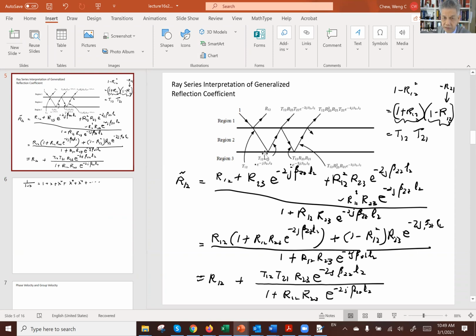You will see a reflected ray from the first interface, and then a second reflected ray from the second interface transmitted again, and then a third reflected ray. And this is sometimes called an echo series because it sounds like the sound wave is reverberating through this layered medium, bouncing back and forth before it reemerges again as another ray. But this is called a ray series in optics.